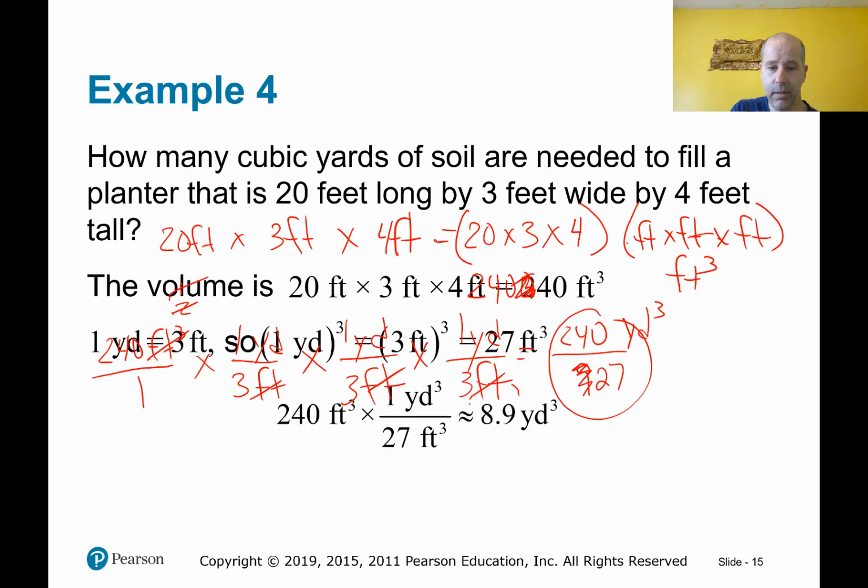So we get approximately 8.9 cubic yards of soil. So the answer to how many cubic yards of soil are needed to fill the planter is approximately 8.9 cubic yards of soil. If I was going to order this for a real planter, I'd just say give me 9 cubic yards of soil. But again, if they wanted you to round to the nearest decimal, it'd be 8.9 cubic yards.